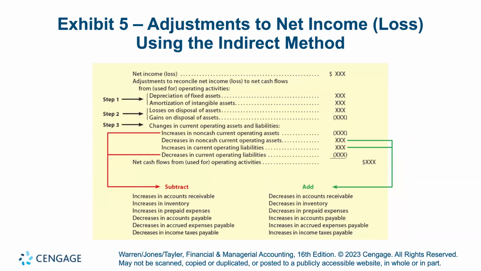Here's why. If I sold land and I got a gain, meaning I sold it for more than its book value. Remember when I sell things like this, we've learned about it in the past. I'll do a journal entry, like for a piece of land, that in essence, if the land had a debit balance of $100,000 and I sold it for 112,000, I would do a journal entry that credited the land 100,000, the land went away, and it credited something like gain on sale of land, $12,000, which is a revenue.